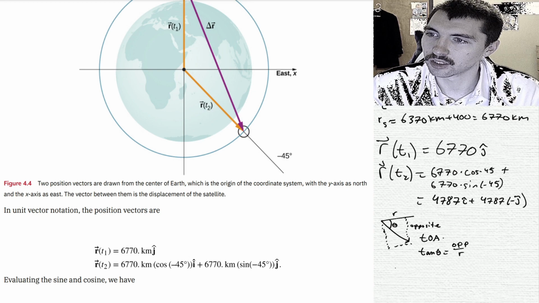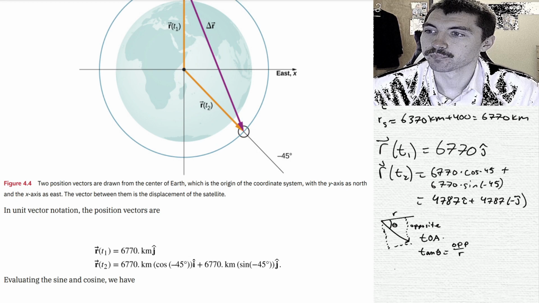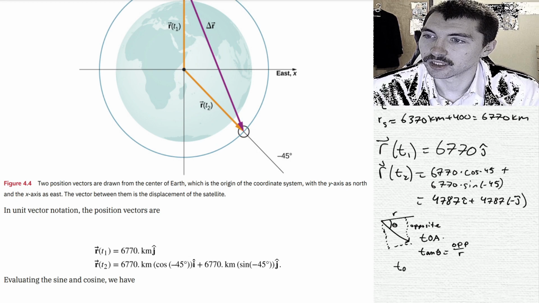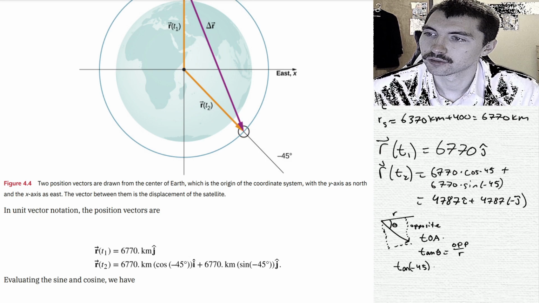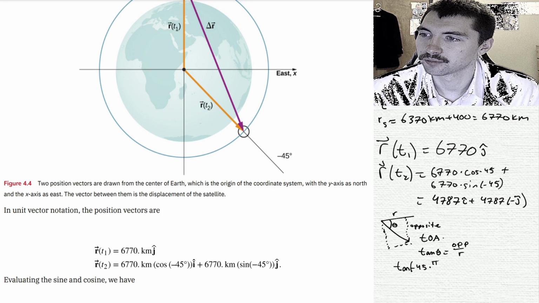So we're taking the tangent of -45 times pi over 180, or 180 over pi.